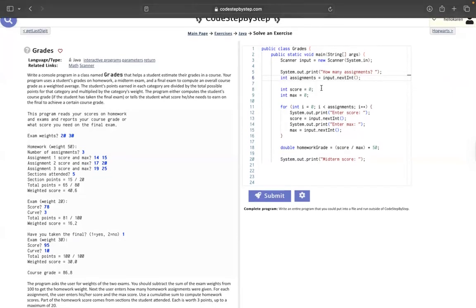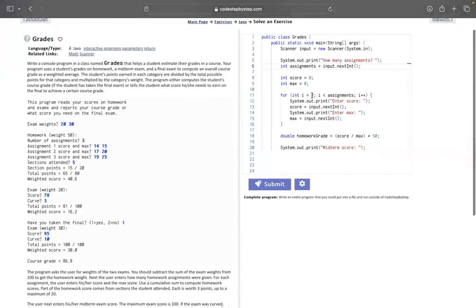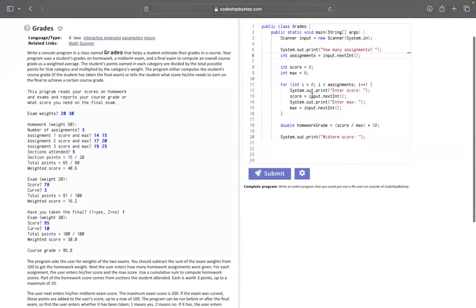I did int score, which is the integer that holds the amount of points the person gathered doing all of his or her assignments. And then int max is for the maximum points that all the assignments added together could give you.